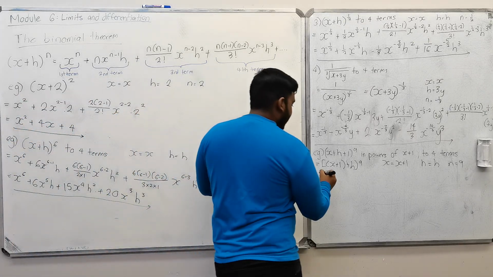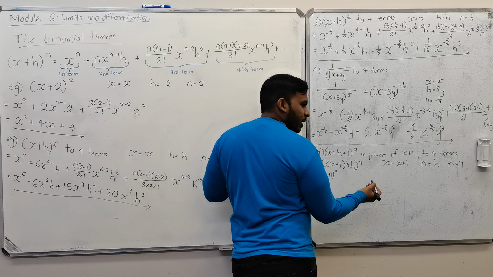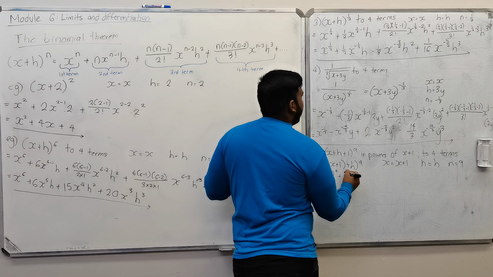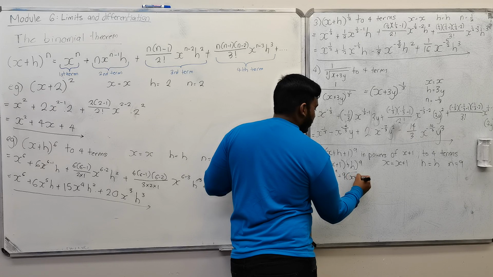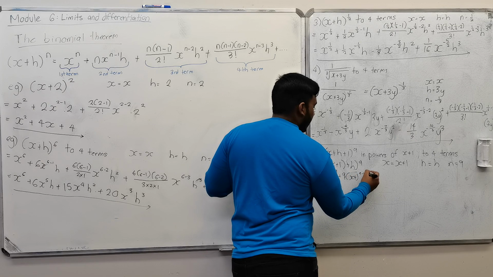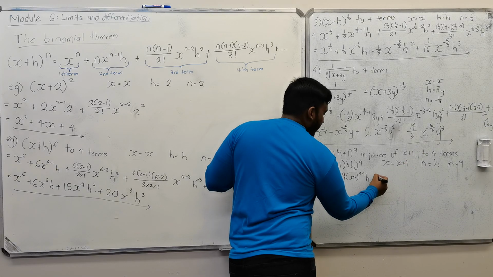Your x in this instance is now x plus 1 to the power 9, plus 9 into x plus 1 to the power 9 minus 1 h, right?